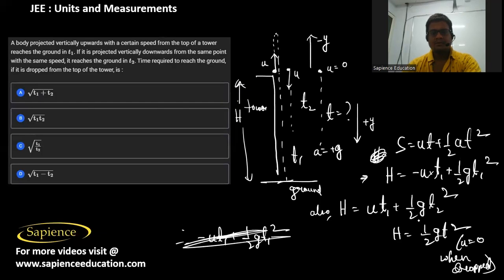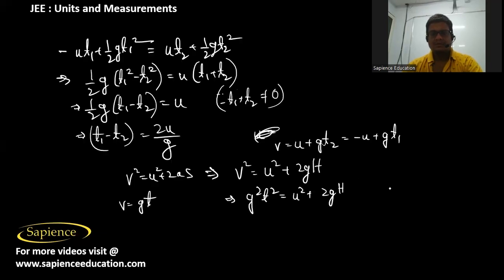So how much time will it take to reach the ground? So t is equal to root over 2h by g.